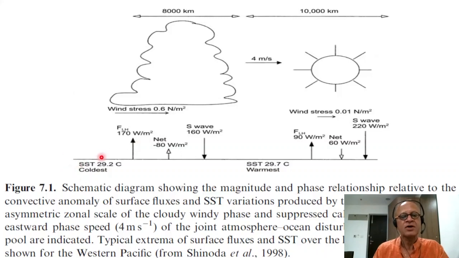So you have coldest SSTs of 29.2 degrees here in the convective phase, and the warmest SSTs here are 29.7 degrees centigrade. So the first problem to think about is that there is this 0.5 degrees centigrade difference, and when you look at observations of sea surface temperatures, either from in situ moorings or satellite data, the resolved signal itself tends to be often this small or even larger.